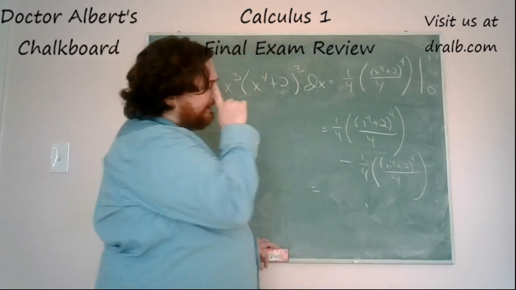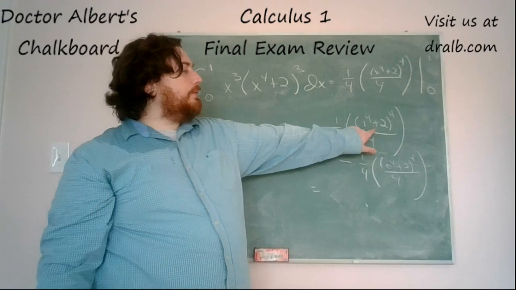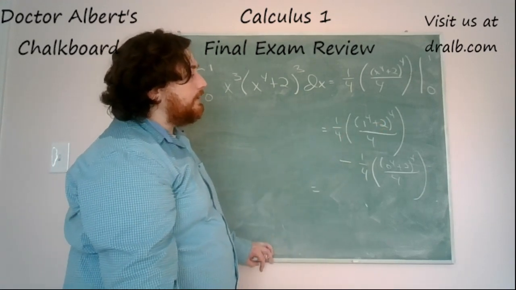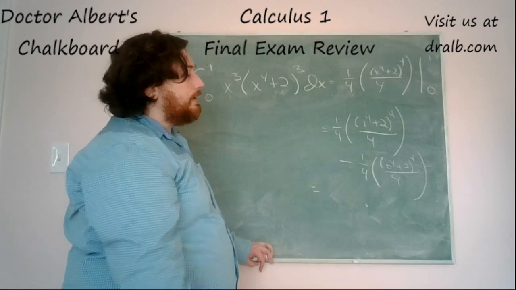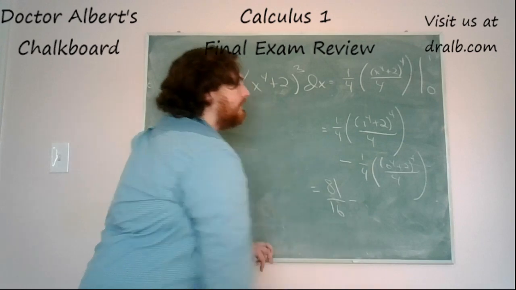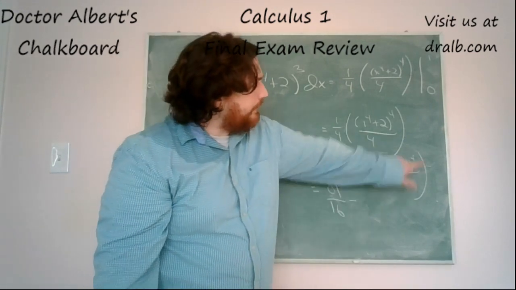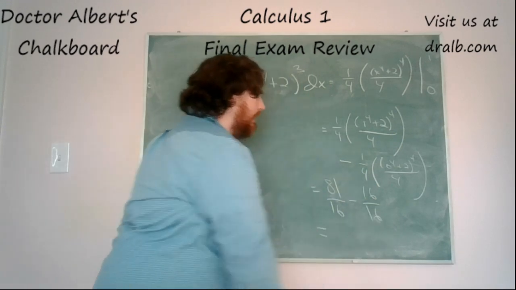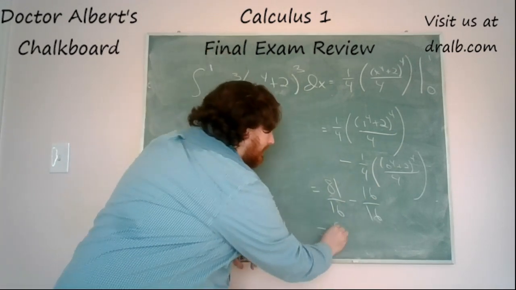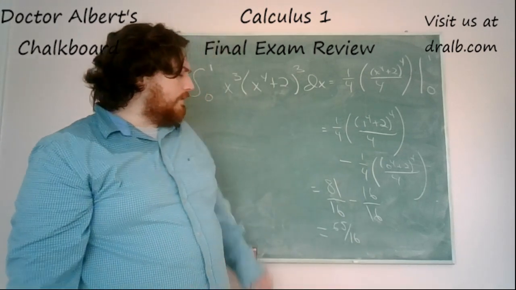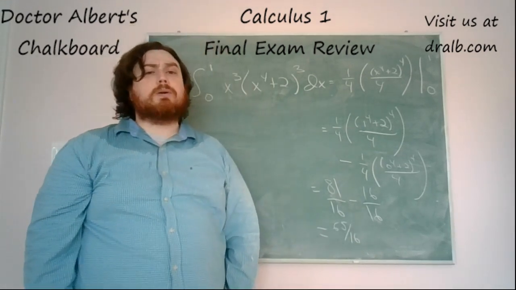And so if I put that together, I get 1 plus 2 is 3. 3 to the 4th is 3, 9, 27, 81 over 16, minus, and then 2 to the 4th is 16 over 16. And if I finish that off, I just get 65 over 16, or 4 1/16 if you prefer.